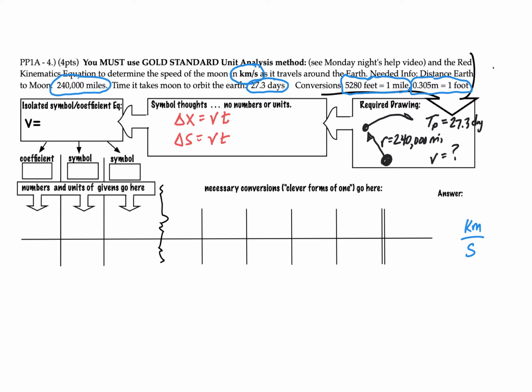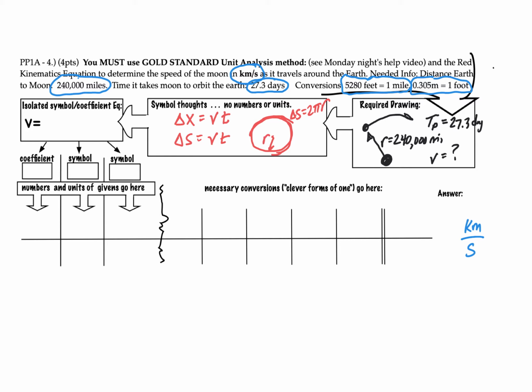And then we know that delta s, as it goes around in its arc, if it goes all the way around, one complete revolution, that distance, delta s, is 2 pi r, with this being r. And we also know that this occurs in the period TP.